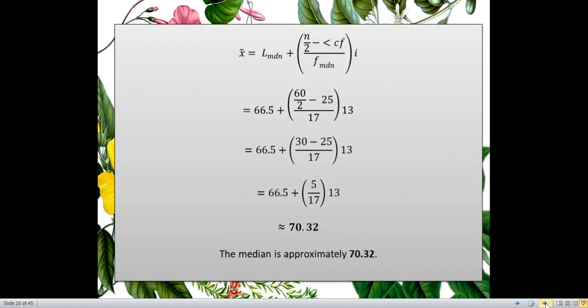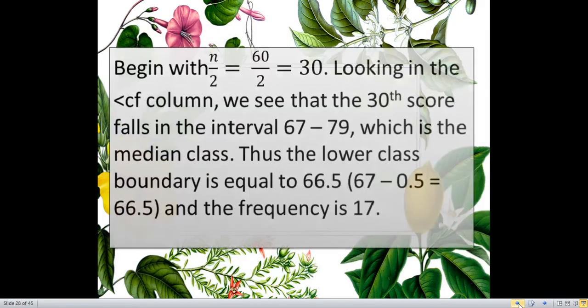Okay, here is the solution. We're just going to substitute all of the numbers that we need. So we have 66.5, the one that we computed a while ago, plus 60 over 2, minus 25. How do I get this 25? Since that means less than CF, and I have the 17 as the frequency of my median class.